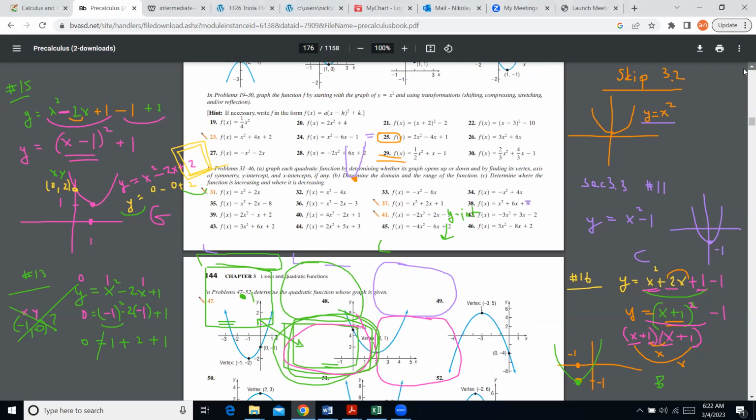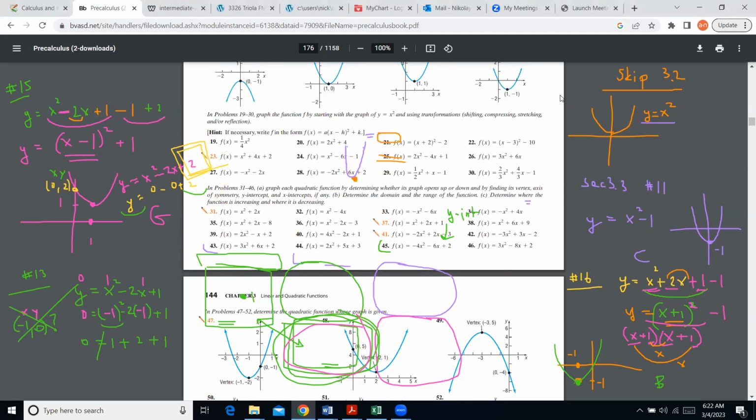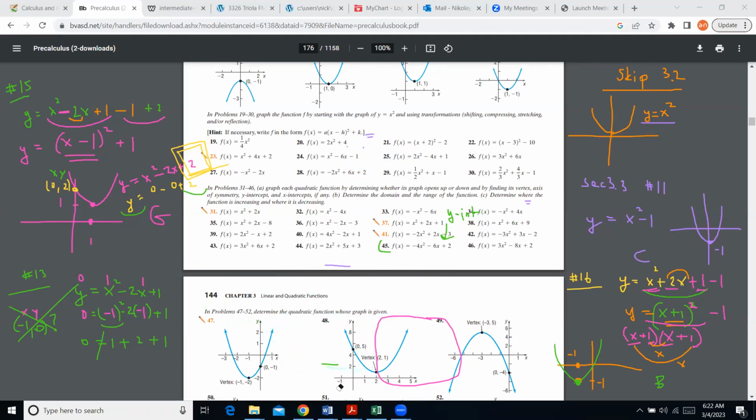So why don't I try to do problem number 23. In the textbook, they have so-called recommended problems, and they like to highlight these with a different color. You can see problem number 23 is in orange, right?